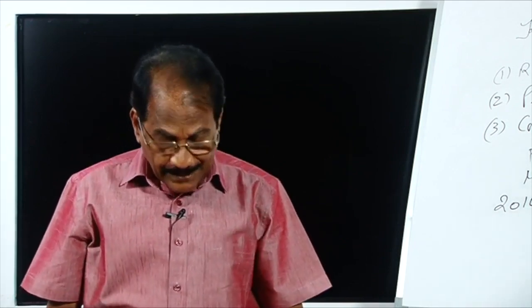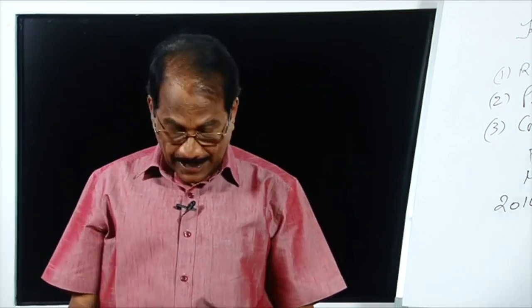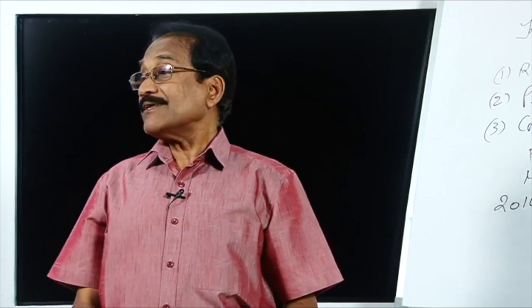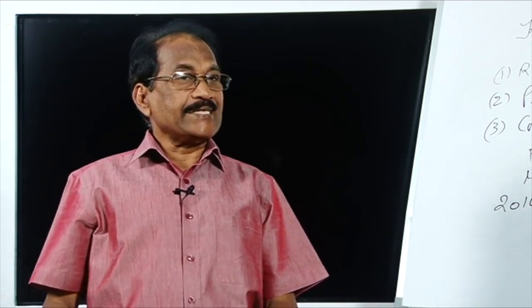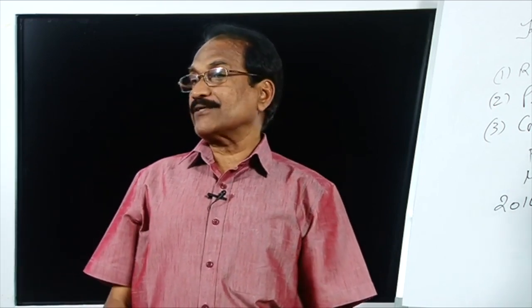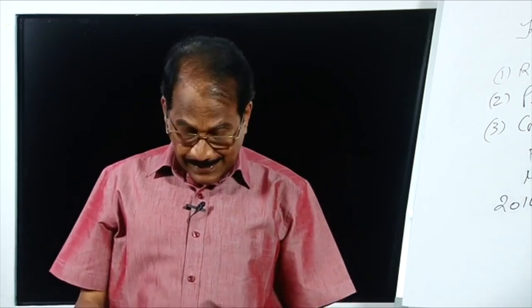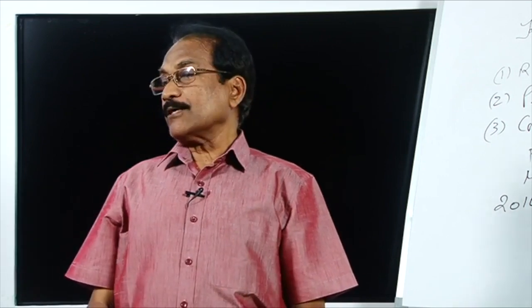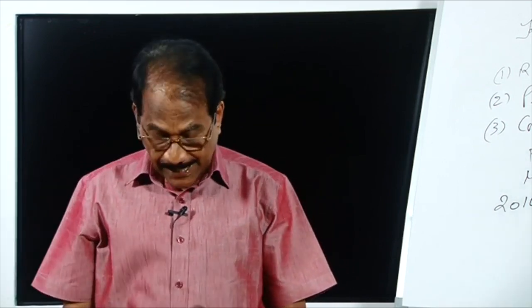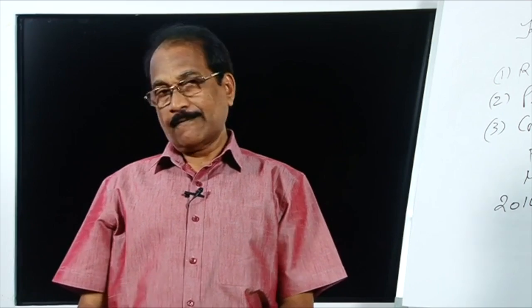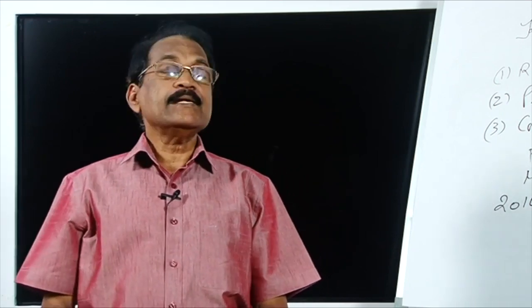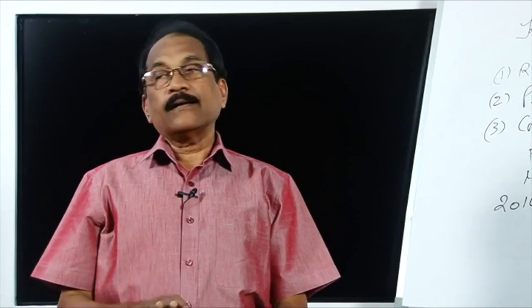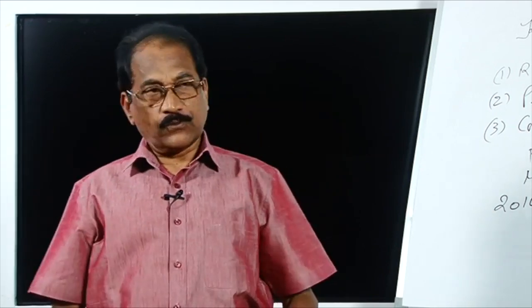And the average expected life duration of women in Kerala at present is 77.8 years, whereas it is 68.56 years in case of India as a whole.